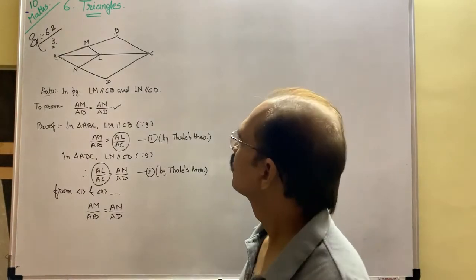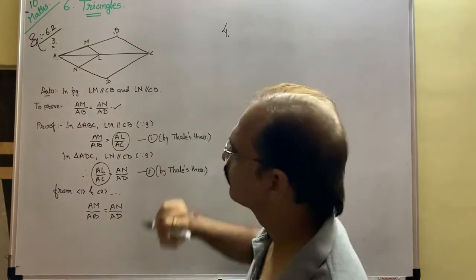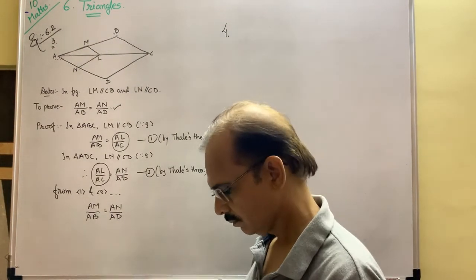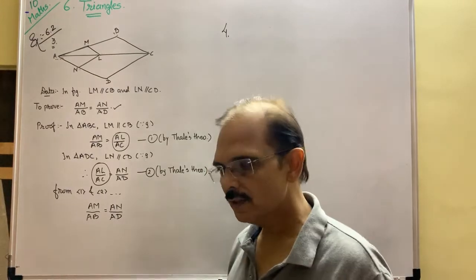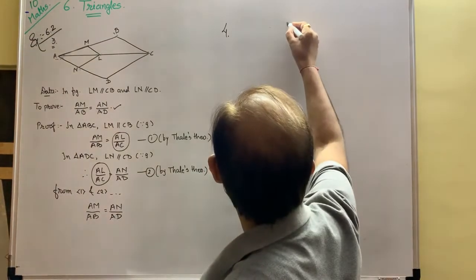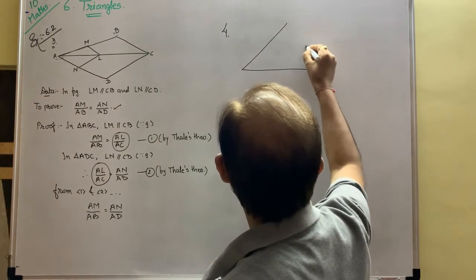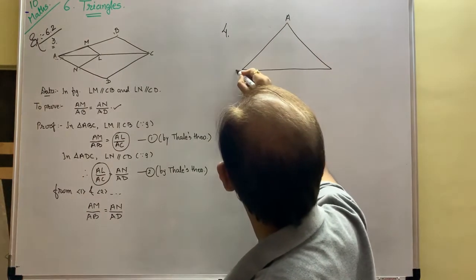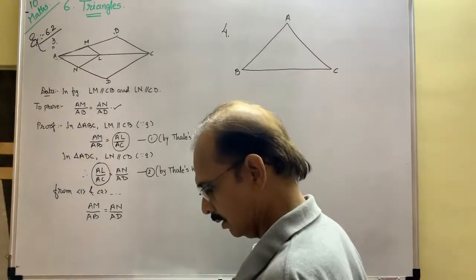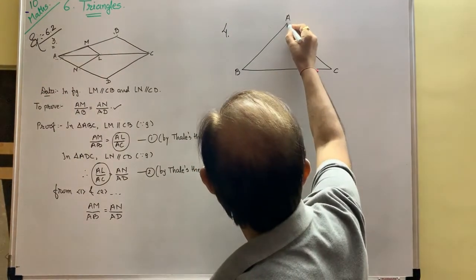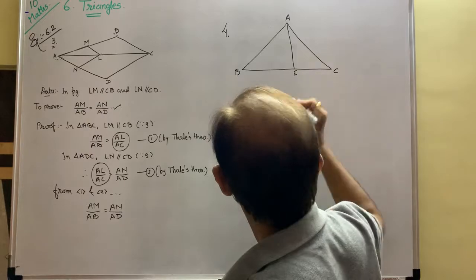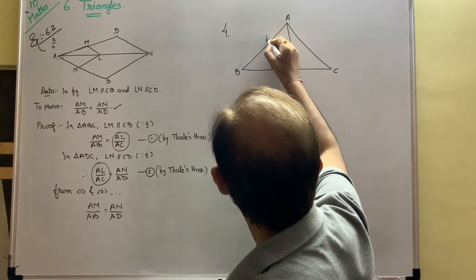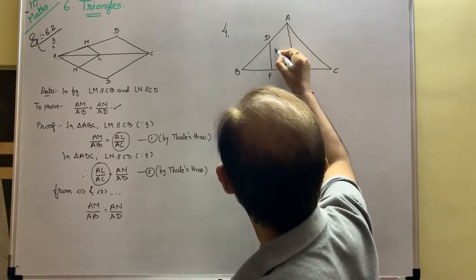Okay. So now question number 4. Again the figure is given, 6.19. Triangle ABC, AE, DF. Join this.